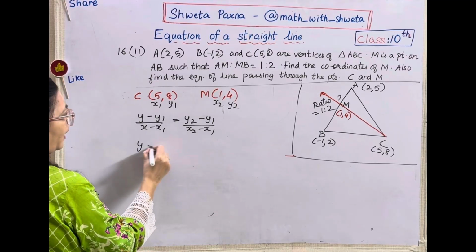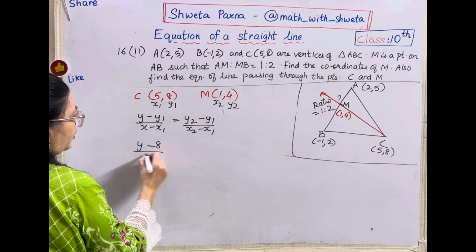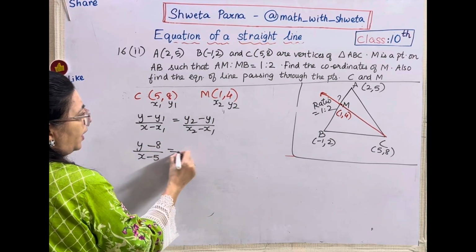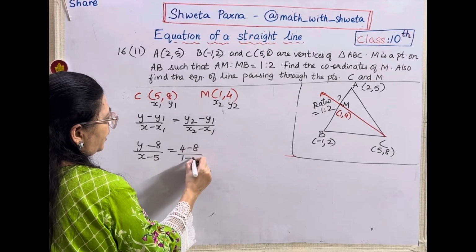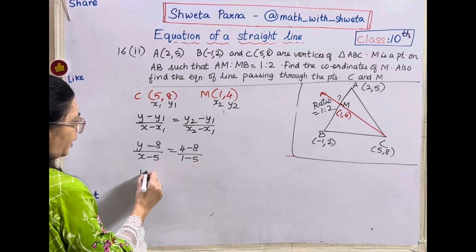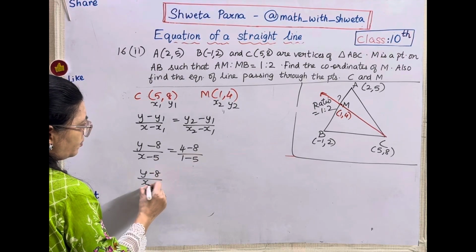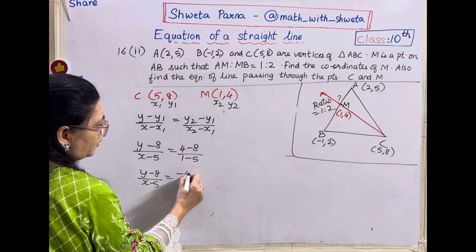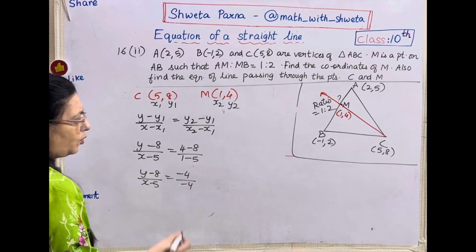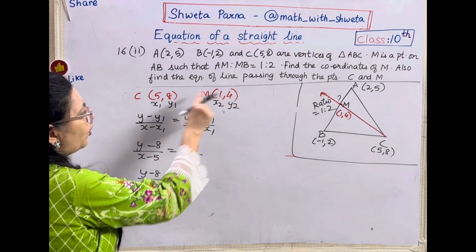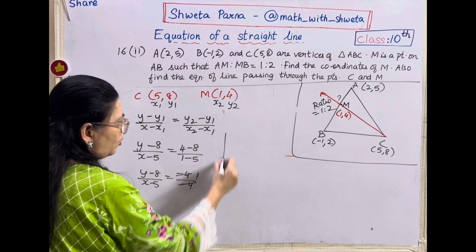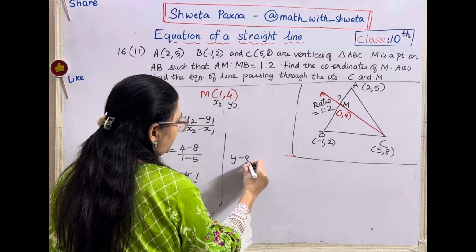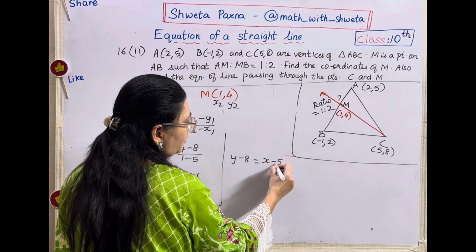So (y - 8)/(x - 5) is equal to (4 - 8)/(1 - 5). So (y - 8)/(x - 5) is equal to -4 upon -4, which becomes 1. Now cross multiply. y - 8 is equal to x - 5.